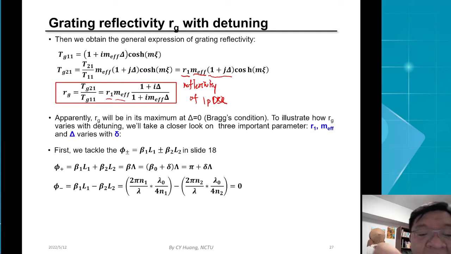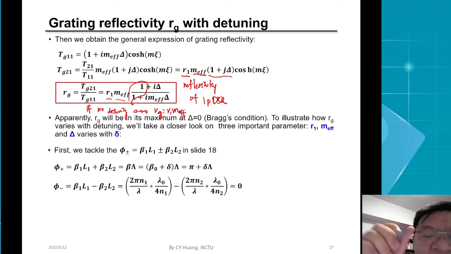If you take a quick look, if there is no detuning, meaning at the exact wavelength, then delta goes to 0. So the second term goes to 1. So RG is still R1 times MEFF.